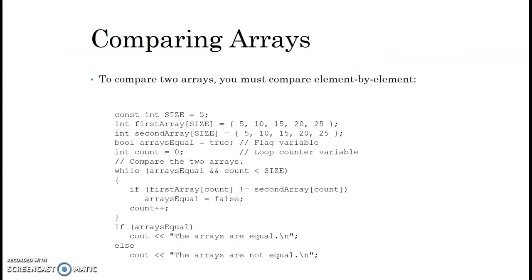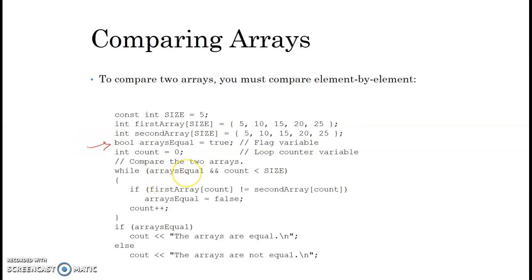If I want to compare elements in the array or compare two arrays, again, I must compare them element by element. So here I have two arrays, first array, second array, they're both of size 5. We have given them an initialization list. This is just testing to see if they're equal to each other.